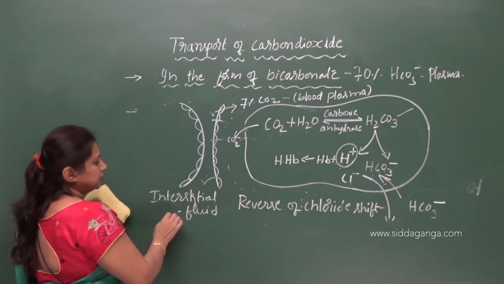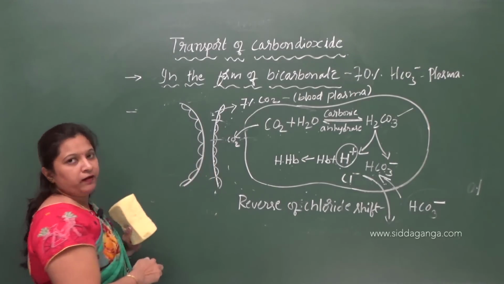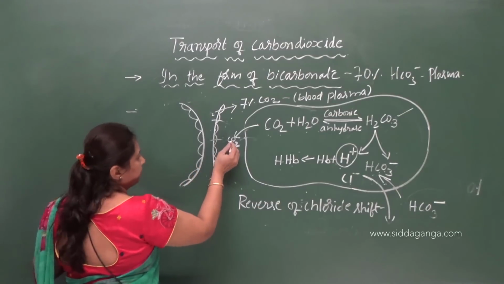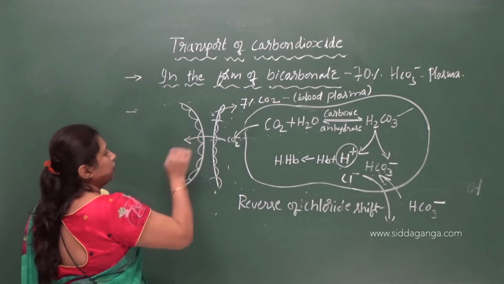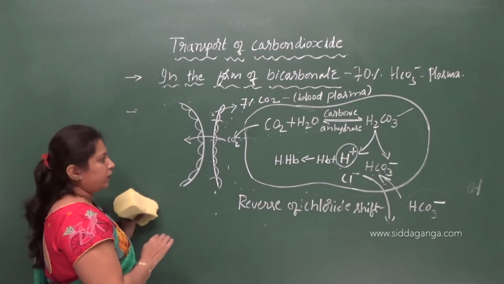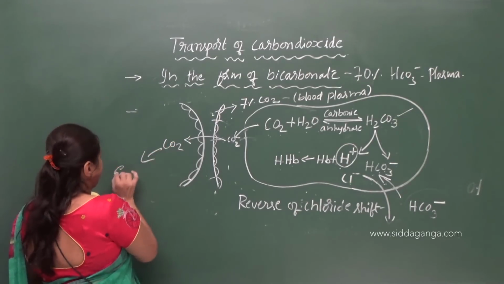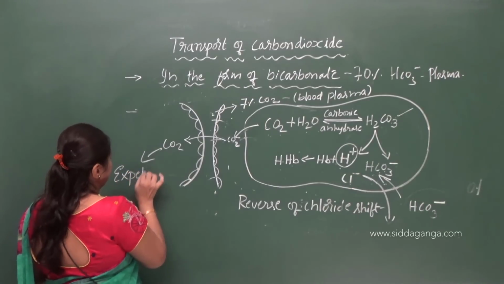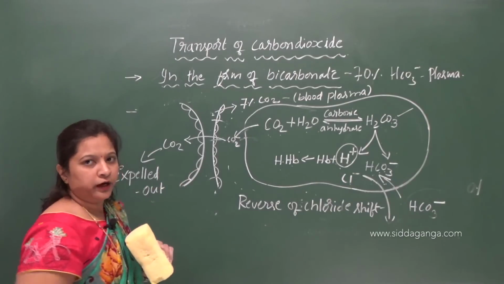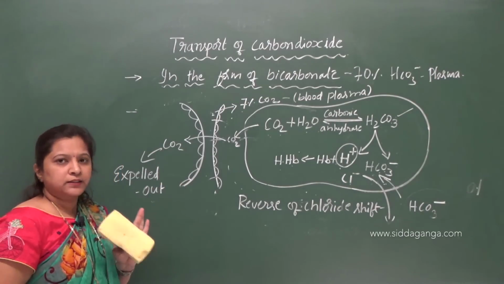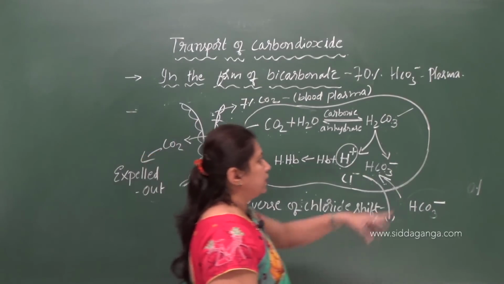This is at the alveolar level. Then from the blood plasma, the carbon dioxide will diffuse into the alveolus. From where it is expelled out.